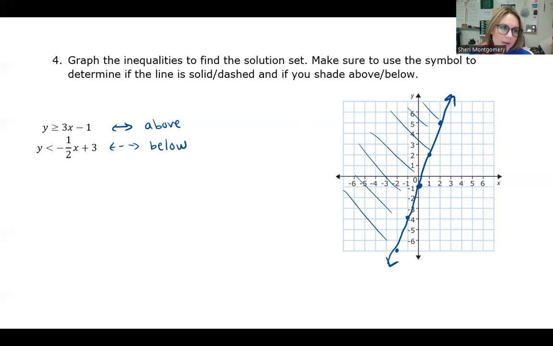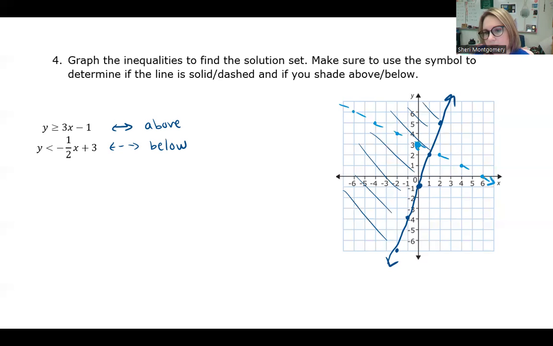The next one, I need to plot my y-intercept and it's at 3. So I go to 3 and I put a point. This one, the slope is -1/2. So I'm going to go down 1 and then to the right 2. I'm going to do the same thing on the other side using symmetry. And then this one is going to be a dashed line. So I put a dashed line.